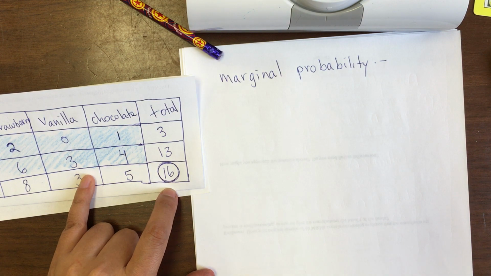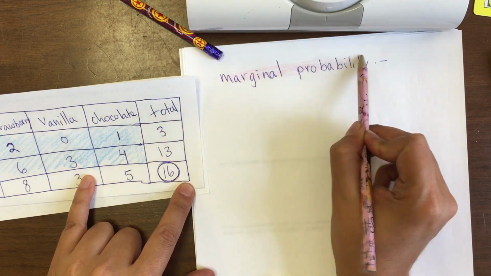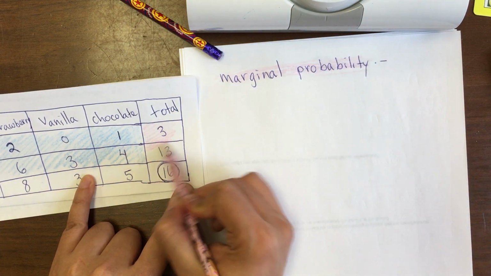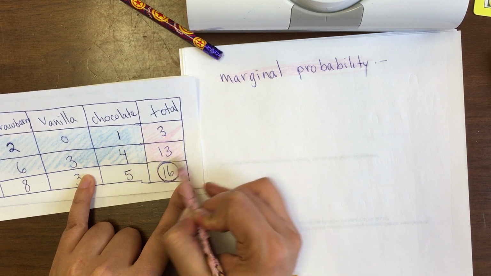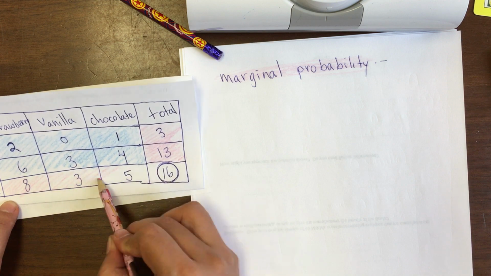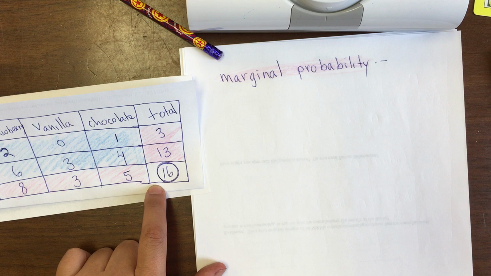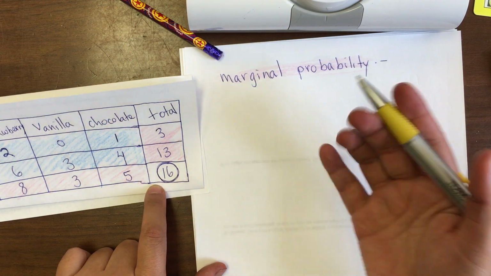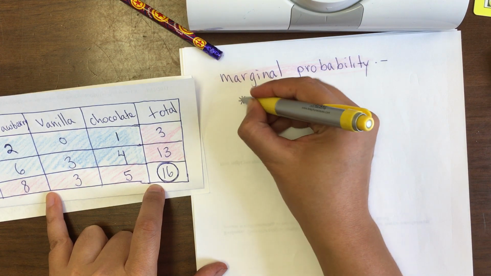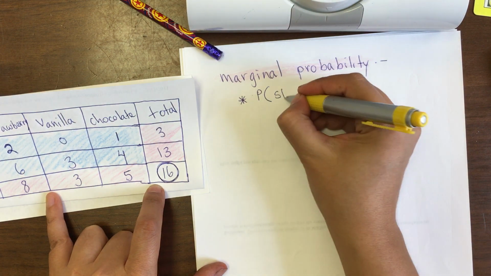So I'm just gonna color this pink so that you can remember that this refers to these that are on the margin, hence the word marginal. Okay, so it would be only one word basically.